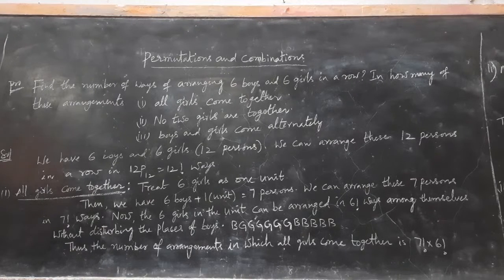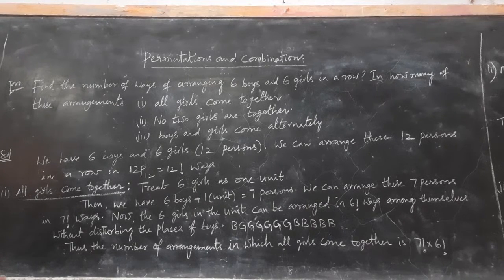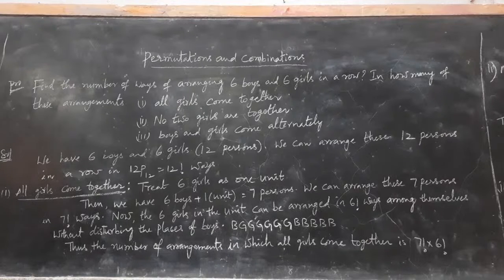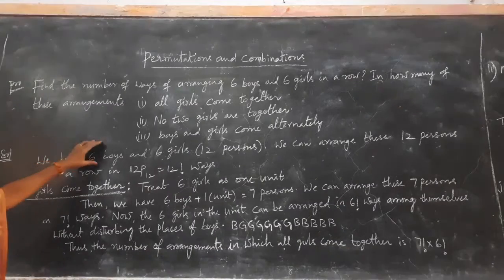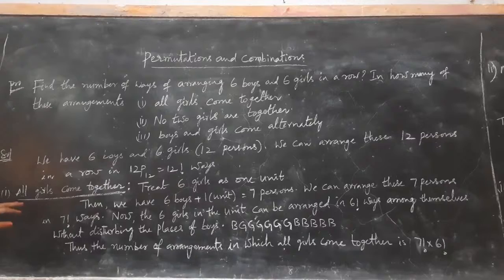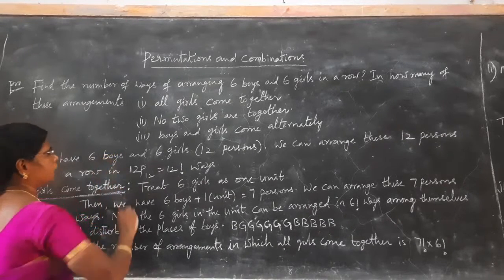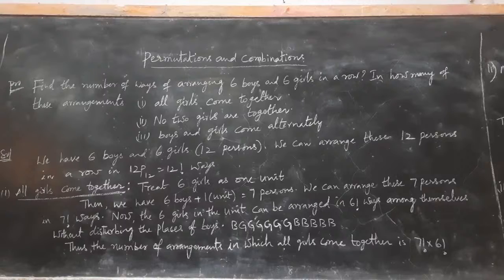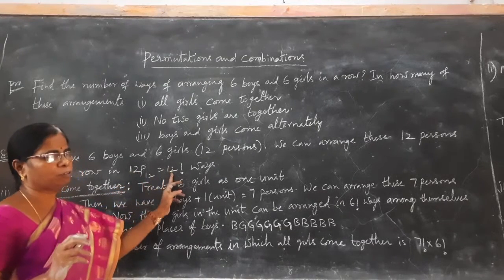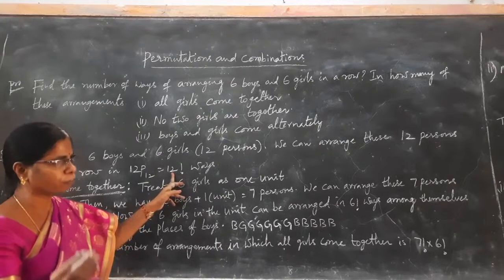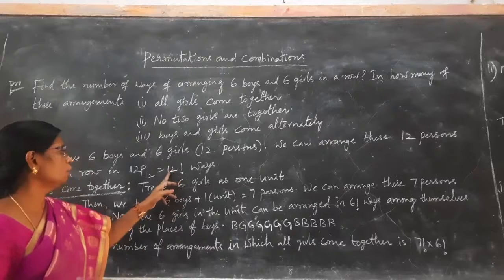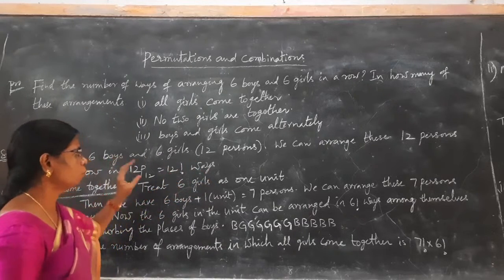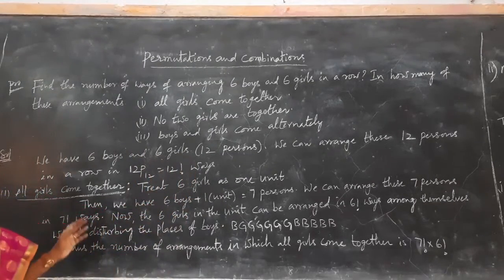We have to arrange all 6 boys and 6 girls, that is 12 persons in total, in a row. In how many ways can we arrange 12 persons in 12 places? 12P12, that is 12 factorial ways. So n taken n at a time, we arrange the 12 persons in a row in 12P12, that is 12 factorial ways.